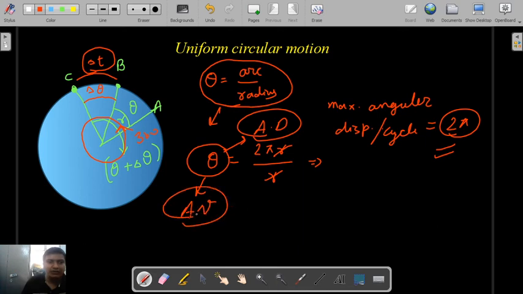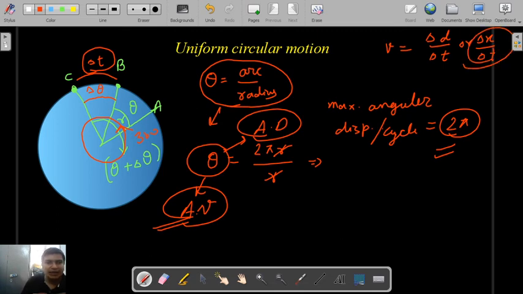Just like linear velocity, as we say that linear velocity v is change in displacement per unit time, or change in displacement delta x over change in time delta t.